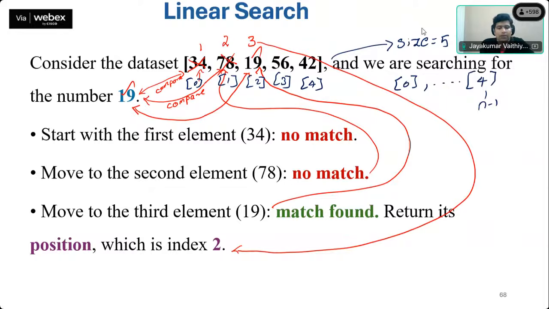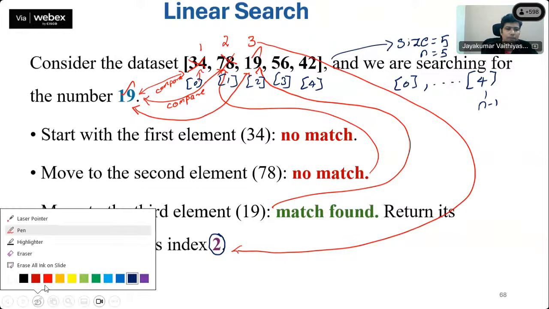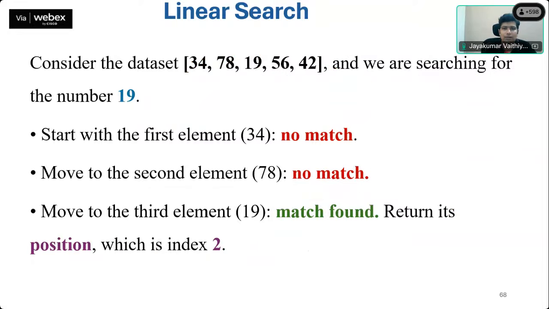Imagine n is 5. That is why we return index 2. If you are from a non-computer science background, most of the time arrays start from 0, not from 1. I will erase this marking. Now we can see clearly.